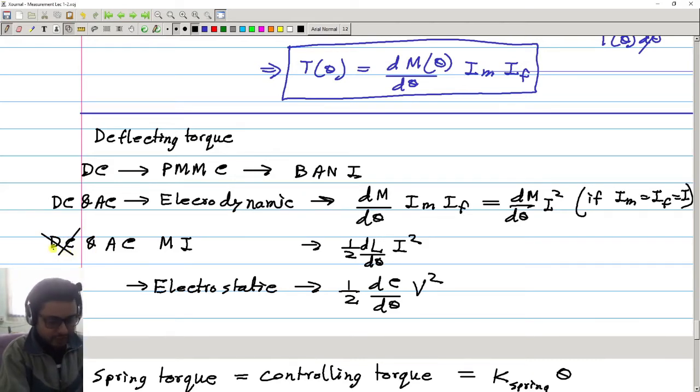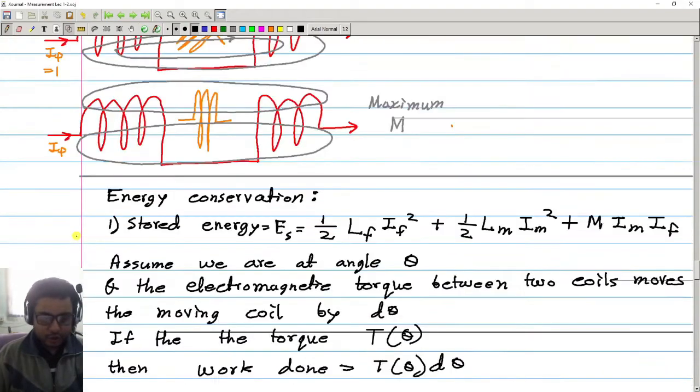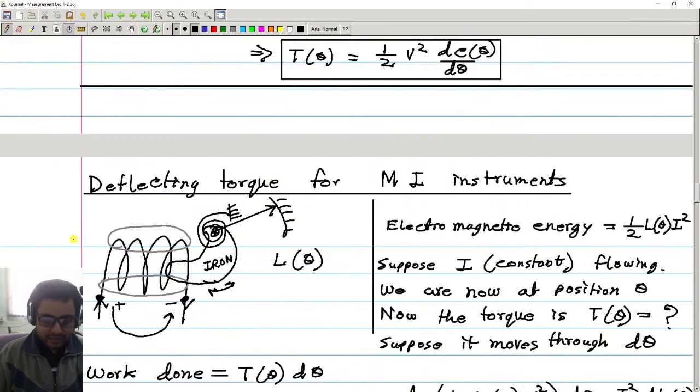But in theory, if you pass DC current, what will happen? This will still get magnetized, this will still attract this iron piece, and the pointer will deflect. So you will get deflection, and the more the current, the more the deflection. Everything fine.